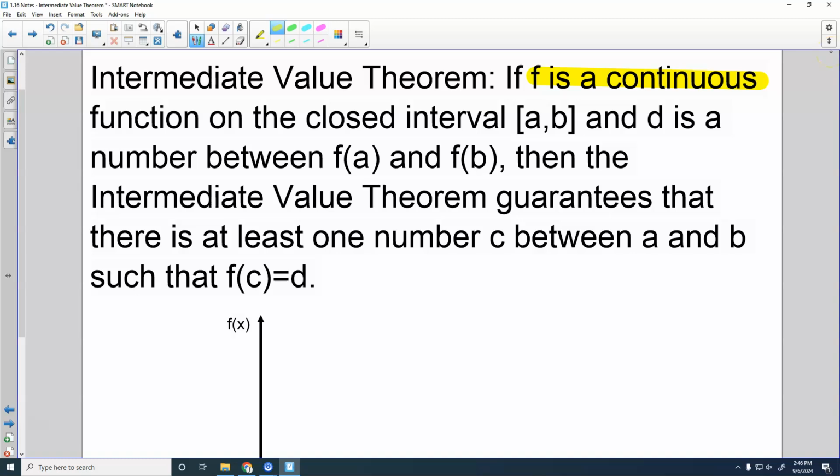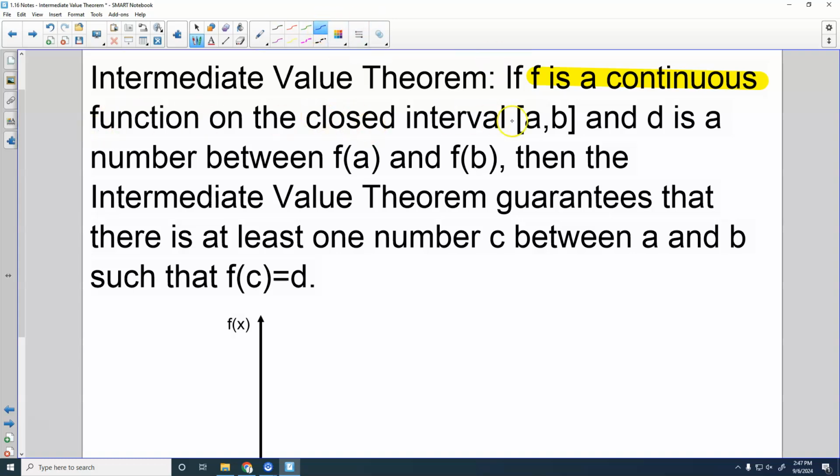If you have a jump in the graph, an asymptote, even a hole in the graph, then the intermediate value theorem would no longer apply. So f being continuous is, of course, very important.